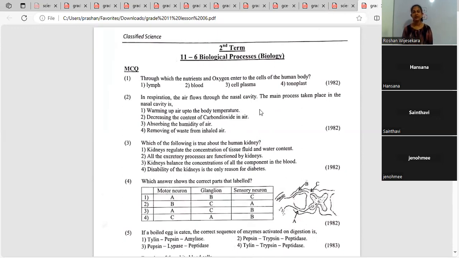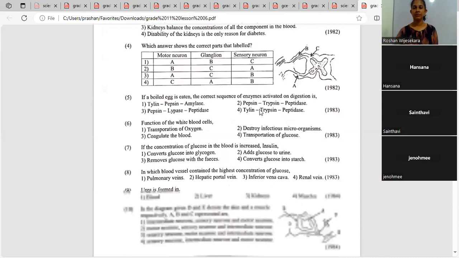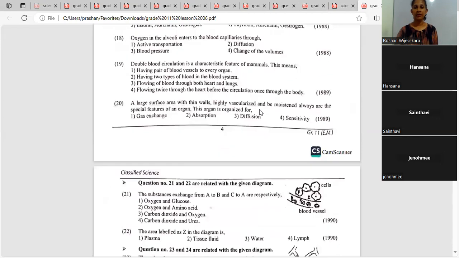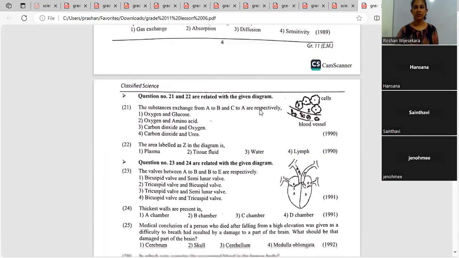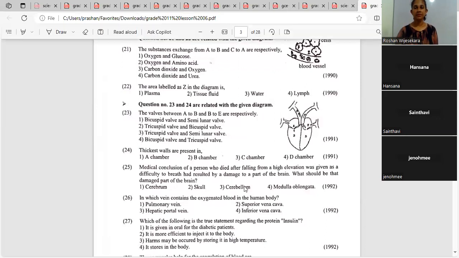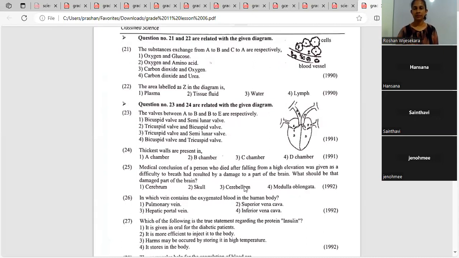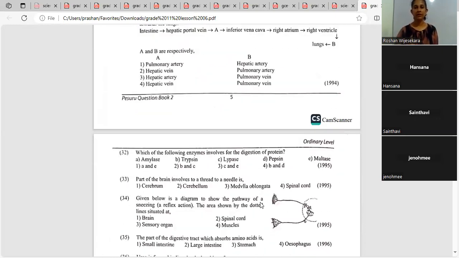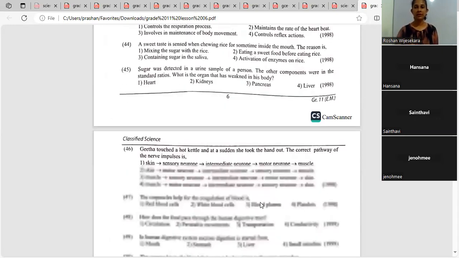These are the questions coming from 1982 to 2021, and I have a separate 2022 question paper as well. Now I will give you a question, then you have to write the answer, then we can discuss the answers.